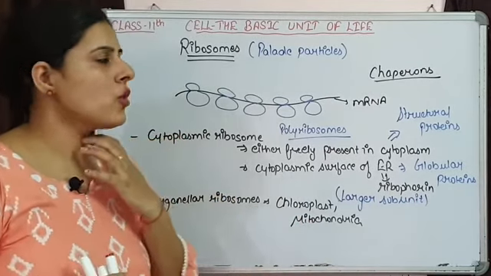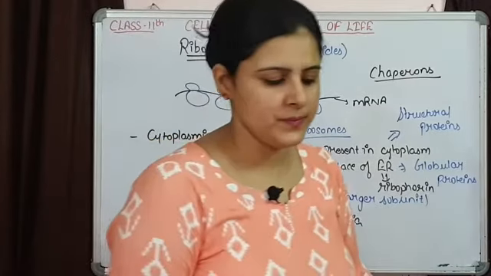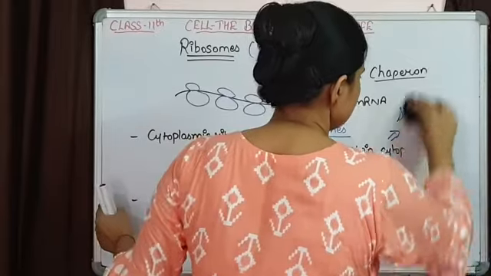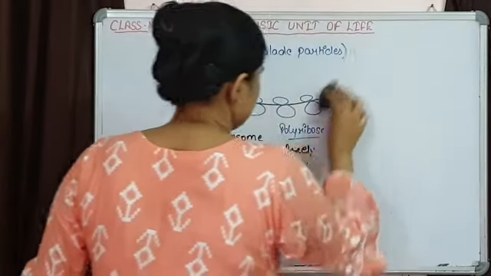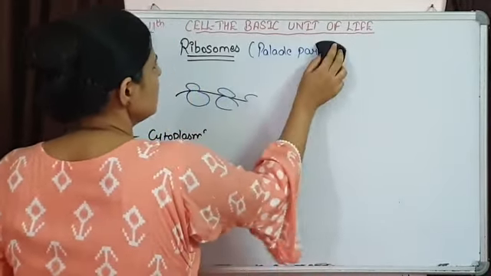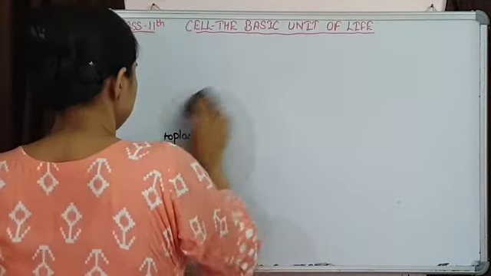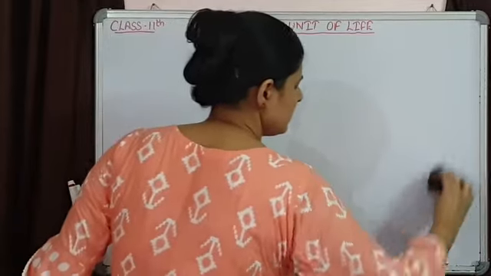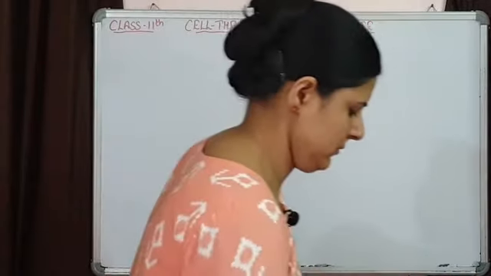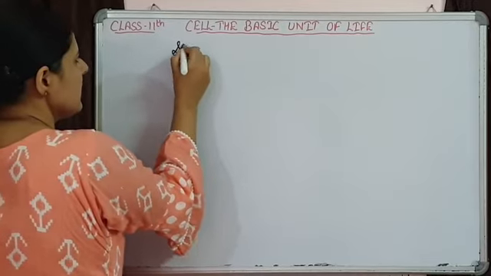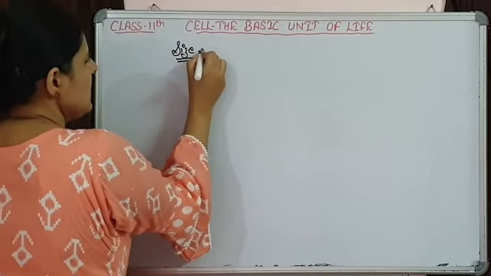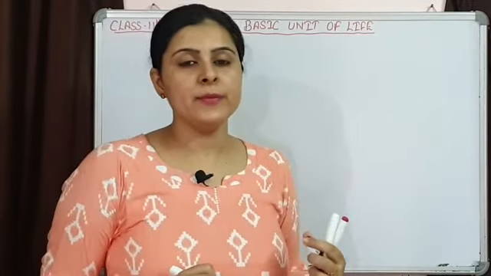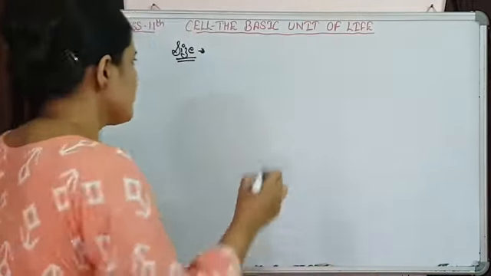proteins. Now let's talk about the size of ribosomes. Size of ribosome is identified by the sedimentation coefficient in the centrifuge.